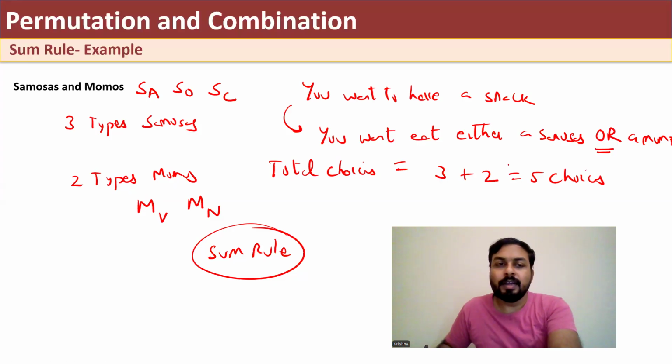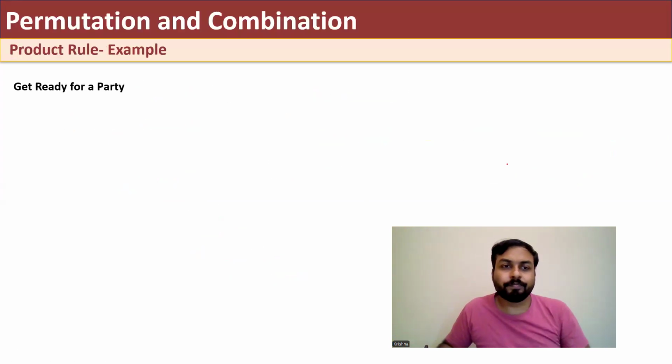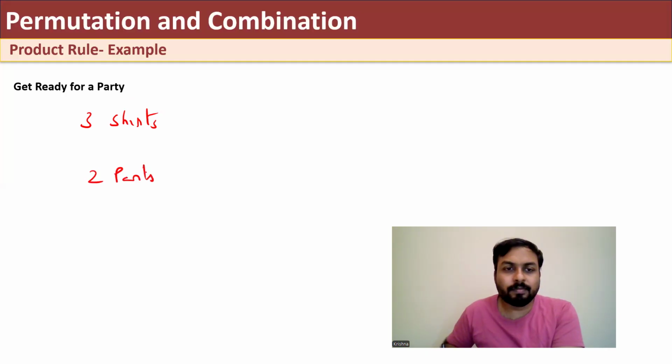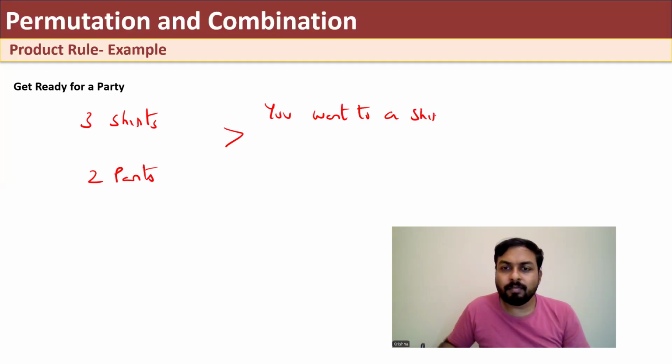Let's take an example of product rule. Let's say you want to get ready for a party, and you have three shirts and two pants. That means you want to wear a shirt and a pant for the party.